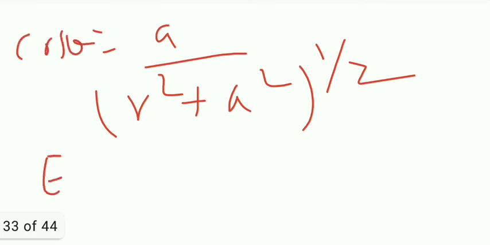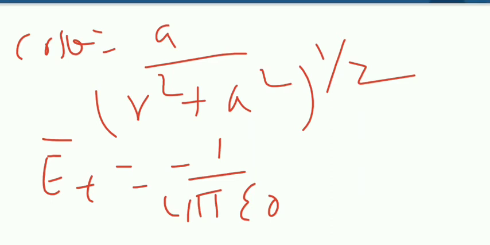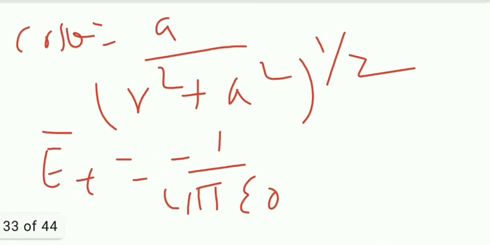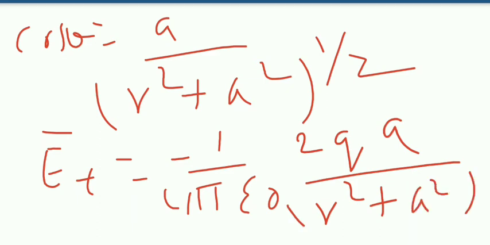So what is my E total? E total is equal to minus 1 by 4 pi epsilon naught, 2q, and instead of cos theta, I substitute A by root of R squared plus A squared in the original equation.